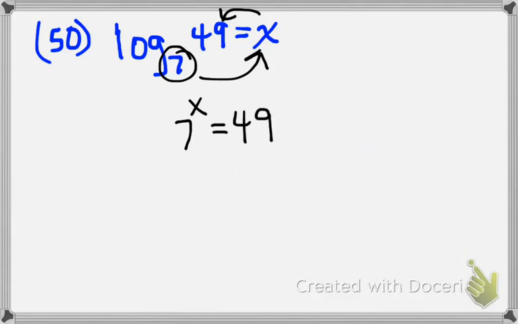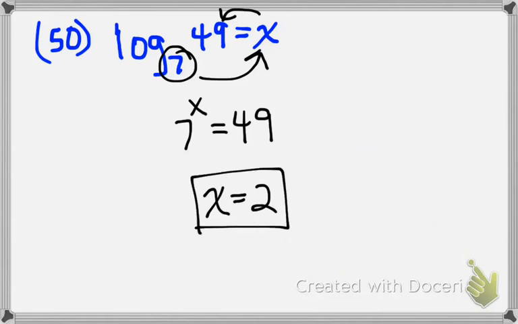And then I just ask myself, what will the power have to be? 7 to what power gives me 49? Well, 7 to the second power would give me 49, so x has to be 2. So that's solving logarithms. And now we're going to do some expanding.